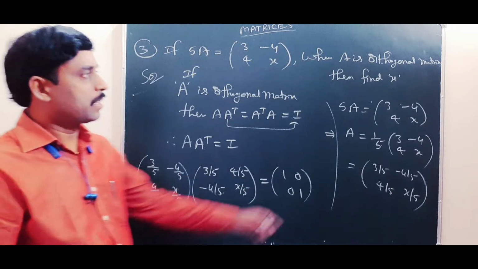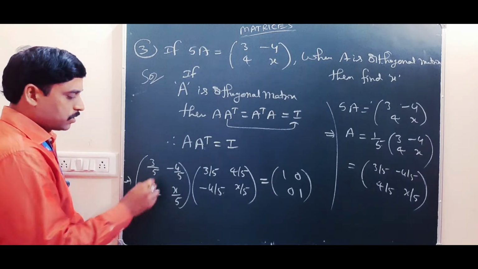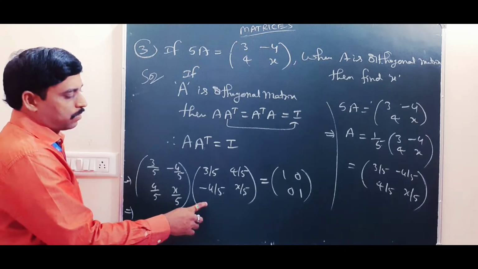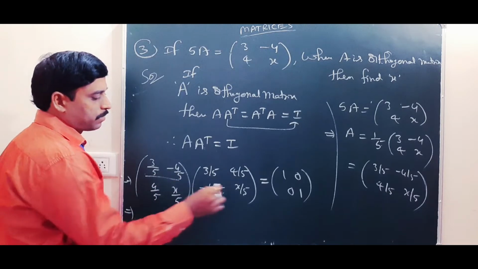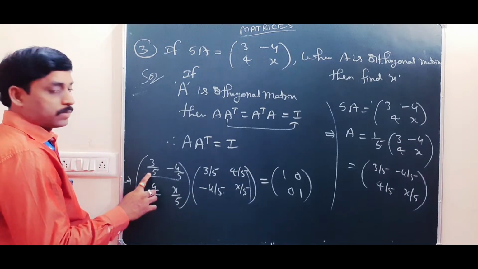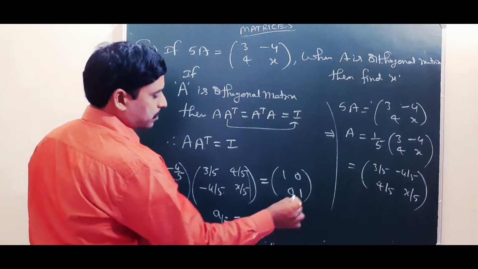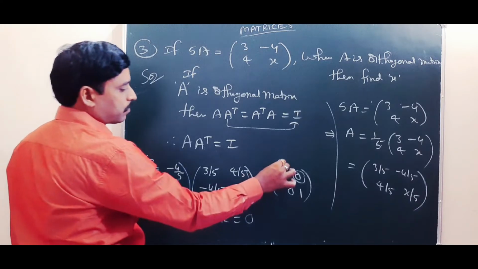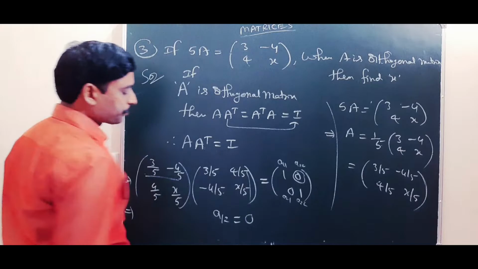But our target is the x value. First we should multiply these 2 by 2 matrices. First row multiplied with the first column, where x is present. Our target is x. First row multiplied with the second column, so the A12 element in the right side matrix is 0. This is A11, A12, A21, A22.